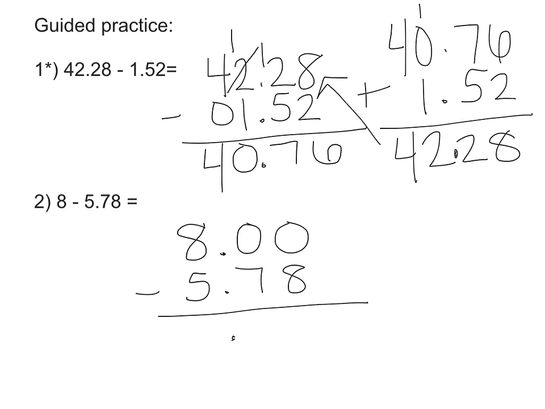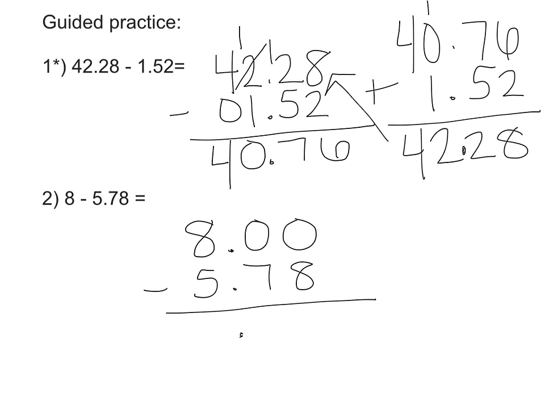So we know that we can't take 8 away from 0. So we're going to have to go over and borrow. Okay, so when we look at this problem, we look at the 0 above the 8. We know we can't borrow from the 0 next to it, so we have to go all the way over to our 8 in the ones place value. When I borrow from my 8, I'm going to turn that into a 7, which turns this 0 into a 10.